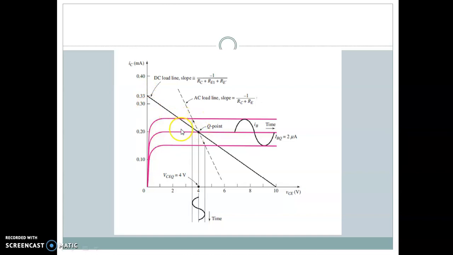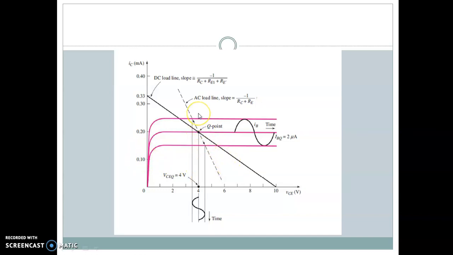So for a perfect symmetrical swing, both the positive cycle and negative cycle have to undergo the same amount of change. If I restrict it to 0.3, then it becomes 0.1 milliamps on the positive cycle, and similarly 0.1 milliamps on the negative cycle. So that is up to this much.